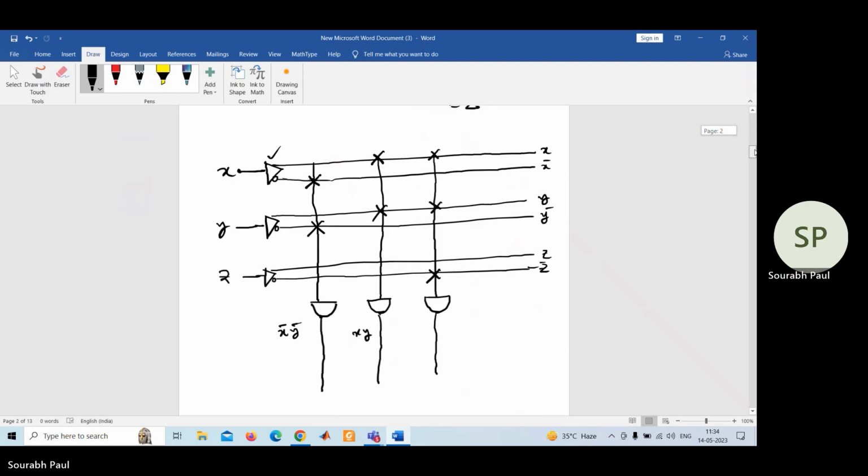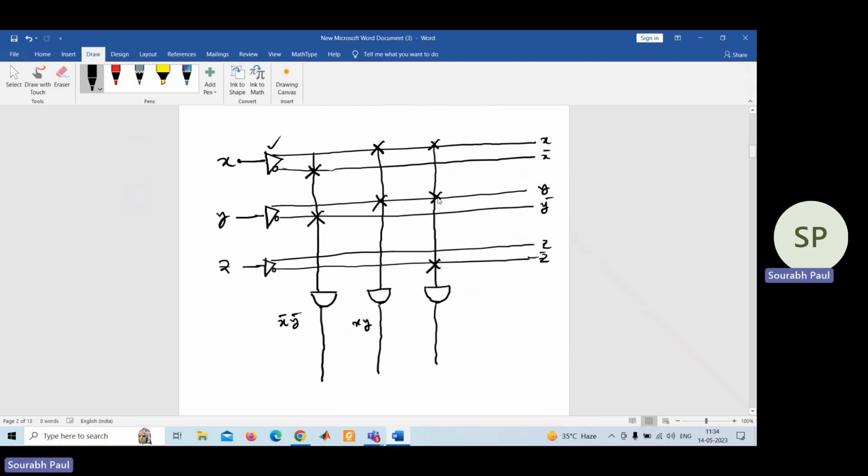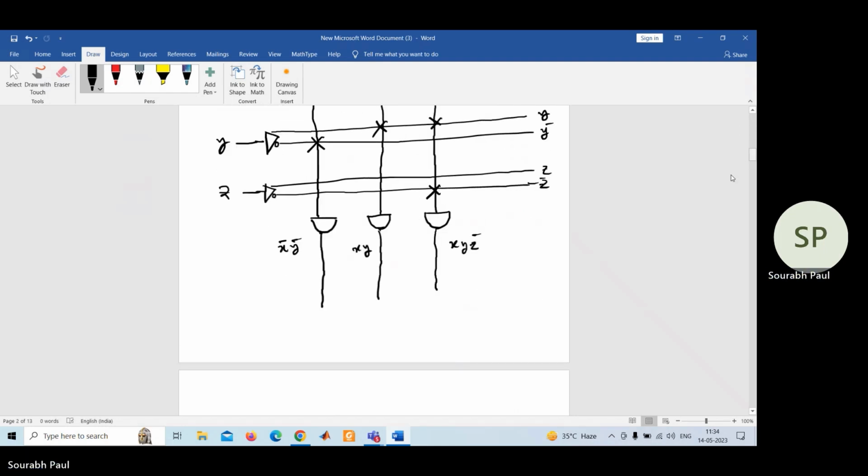This is X, this is Y, and this connection is giving Z bar. So this is X, Y, Z bar. Okay. So all the 3 terms we have got.